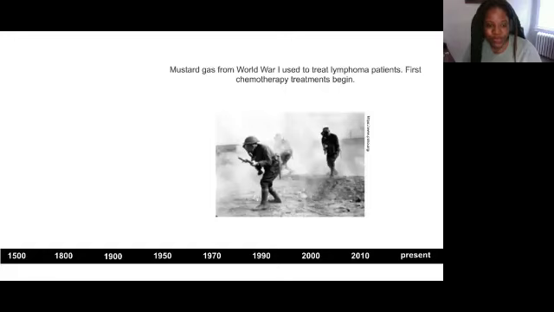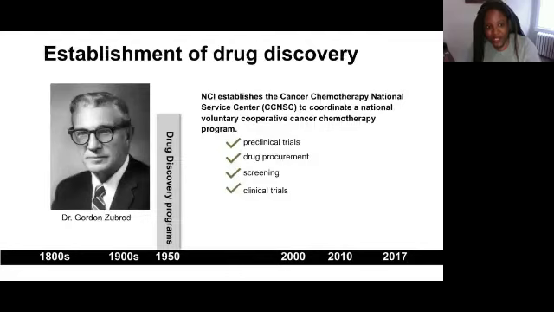I think about drug delivery and the history of it. When we first started thinking about cancer treatment, we were literally using mustard gas from World War I, and thinking about how mustard gas was depleting bone marrow cells. That was used for lymphoma treatment. So this idea of chemotherapy goes all the way to when, at least in the US context, programs for discovery started developing.